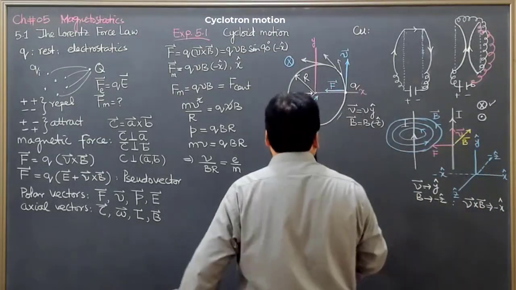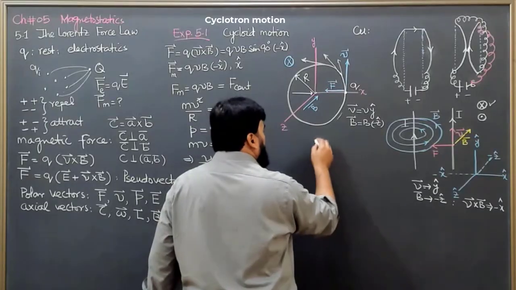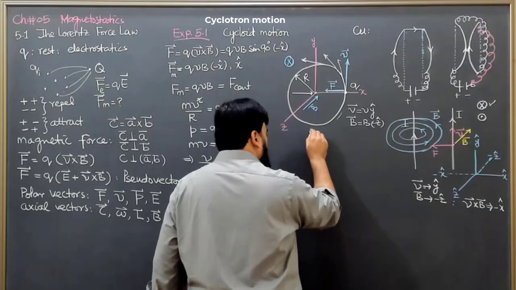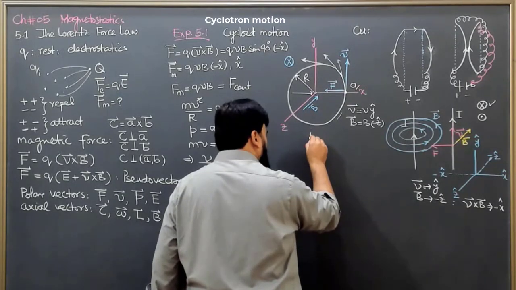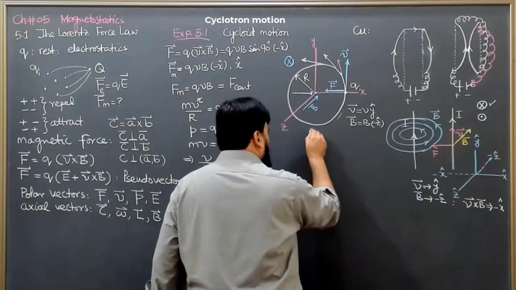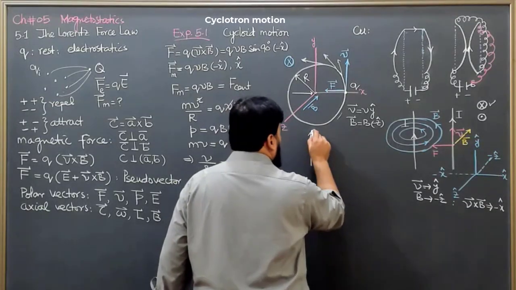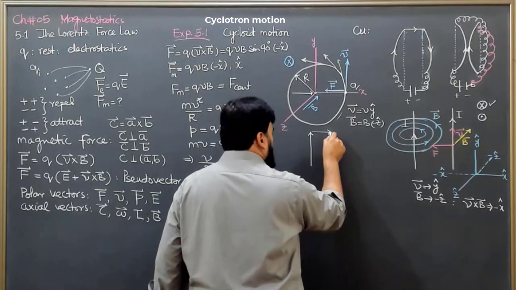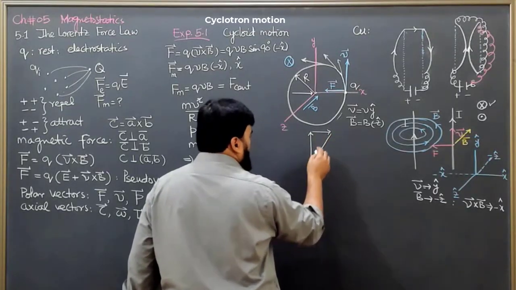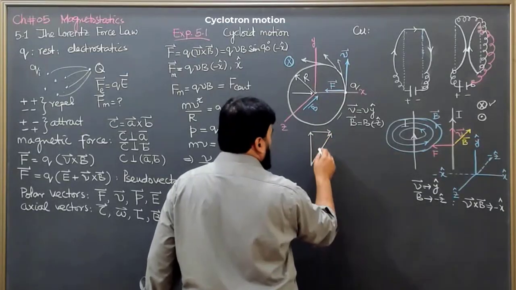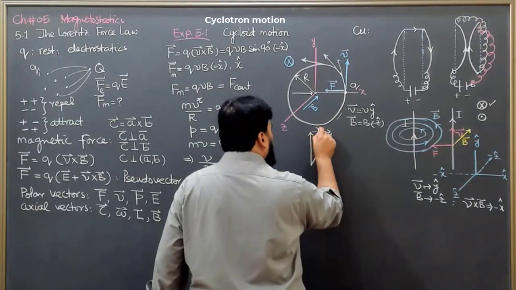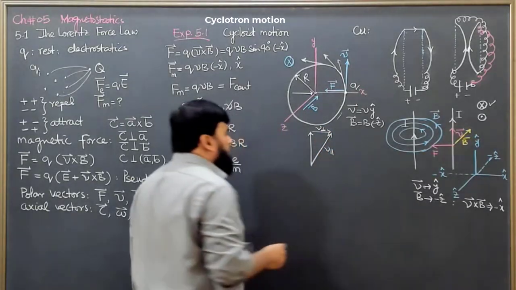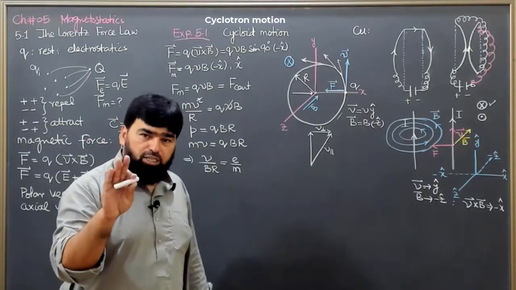So I can write that if V is not in one direction but is slightly tilted, it will have a V parallel and a V perpendicular component, like this. It depends how I'm considering the tilt.